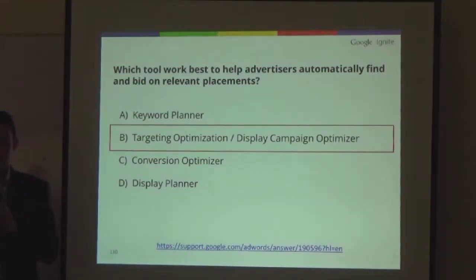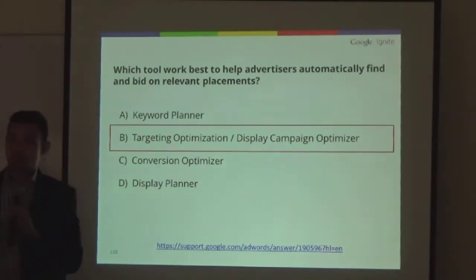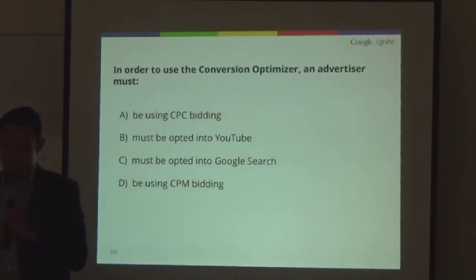They don't have that feature to help advertisers. Only the targeting optimization tool will help display advertisers find those placements. And display planner is obviously about your research to find what targeting options are best for you to choose for your targeted campaign to achieve your goals.